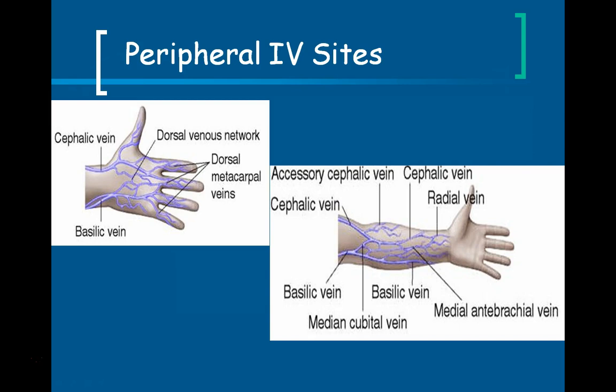If you look at the hand, the dorsal veins on the hand are actually very good sites to start IVs. And then in the forearm, we use the cephalic vein, the medial vein, and the basilic vein, which are all good, relatively large veins to run IVs in. There's also central lines, which we won't be discussing in this screencast, but we will talk about them in another one. So for this one, we're mostly talking about peripheral sites.